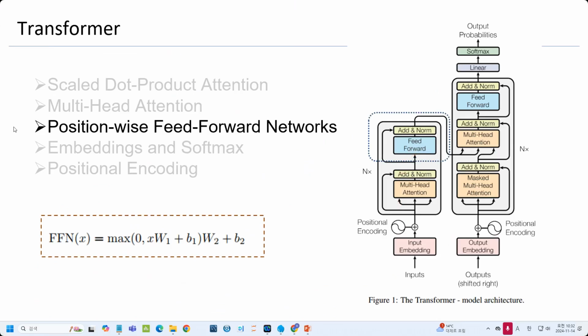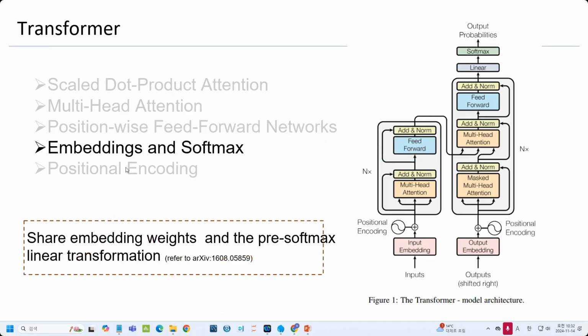For the embedding and softmax, we multiply the embedding weights with the hidden layer every round, and then we do the softmax linear transformation. There is an article in this paper about how to share the embedding weights and the softmax linear transformation.